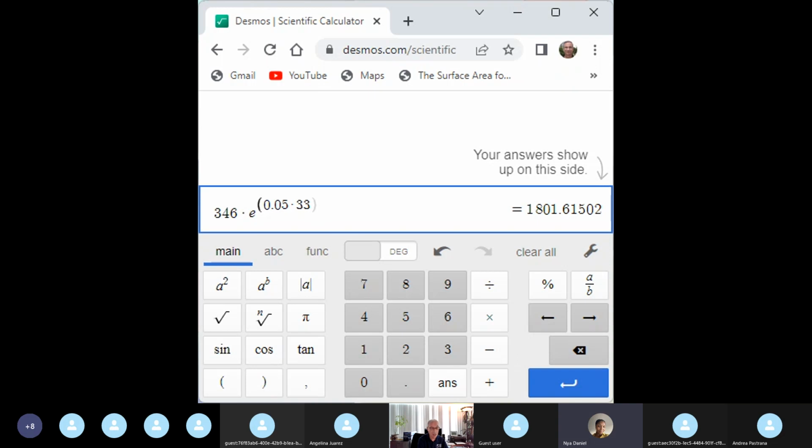Yeah. Oh, exponential. When you press second, this key has two functions. Then you select the function in yellow color, which is exponential. Got it? Yes. Cool. Now the only thing you should do is put inside the parentheses 0.05 times, again multiplication, 33, and close the parenthesis, please, and press enter. Yes. Thank you. No problem. I got the same answer. Okay, I recommend you practice this by yourself, okay? No problem. Thank you.